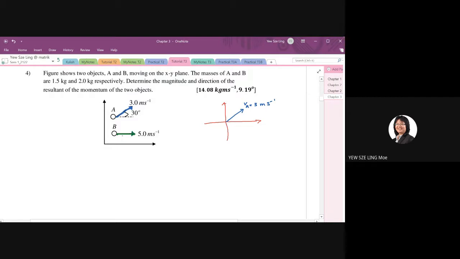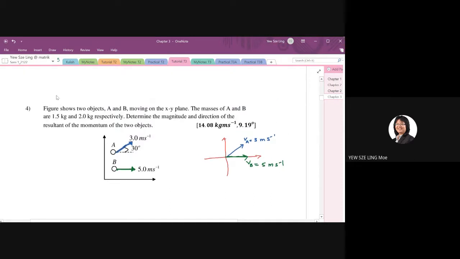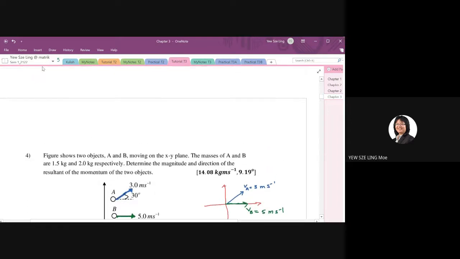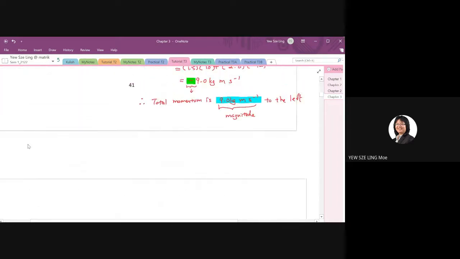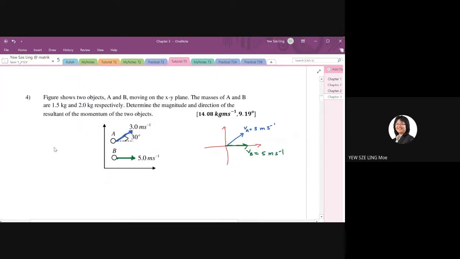I take this green color vector out and place it in my new Cartesian coordinate. So now I have this vB, which equals 5 meters per second.